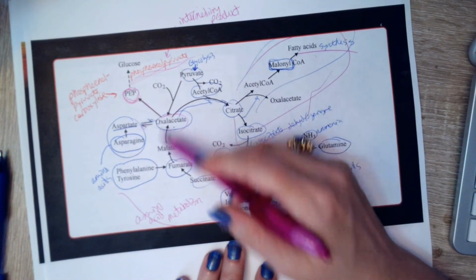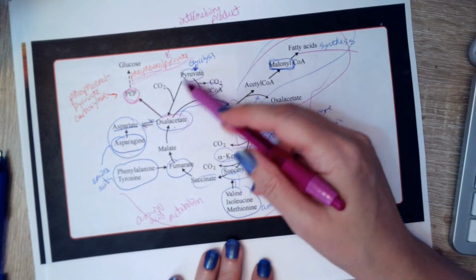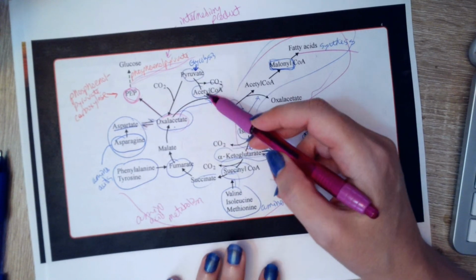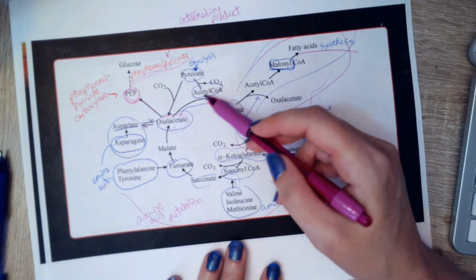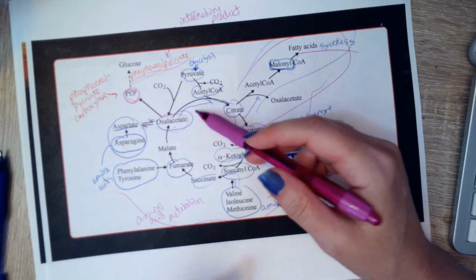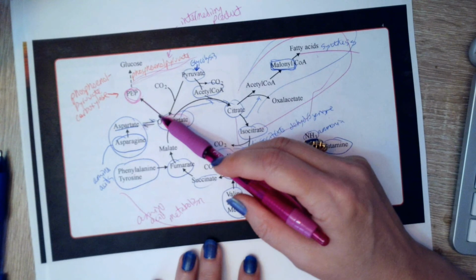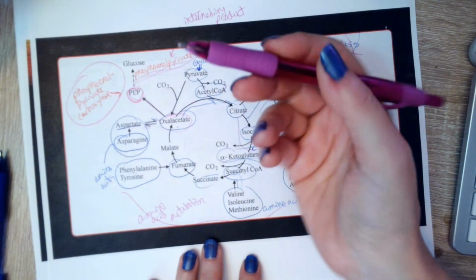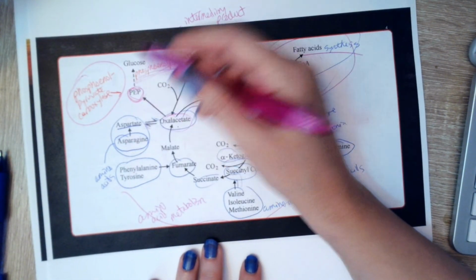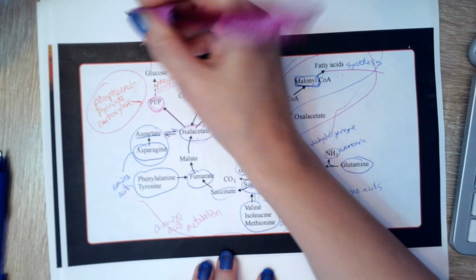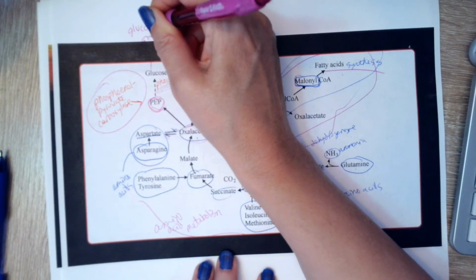So at the end of the Krebs cycle, before we start another round by reacting acetyl-CoA with oxaloacetate, we can instead push that oxaloacetate, because of this enzyme, off into gluconeogenesis, so making new glucose.